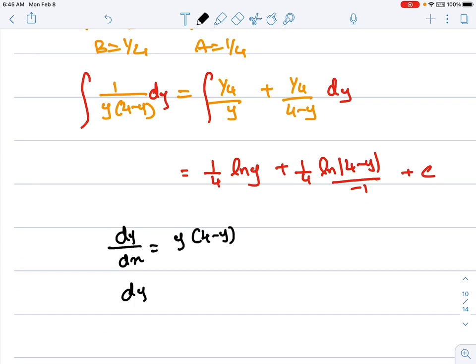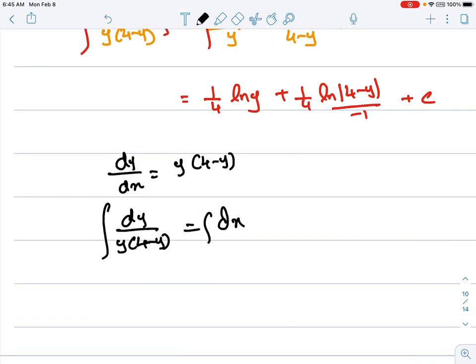So bring all the y terms on one side, equal to dx. Then apply integral on both. Just now the integral of this one has been given as 1 upon 4 ln y minus 1 upon 4 ln (4 minus y) plus c is equal to the integral of 1, which is x.